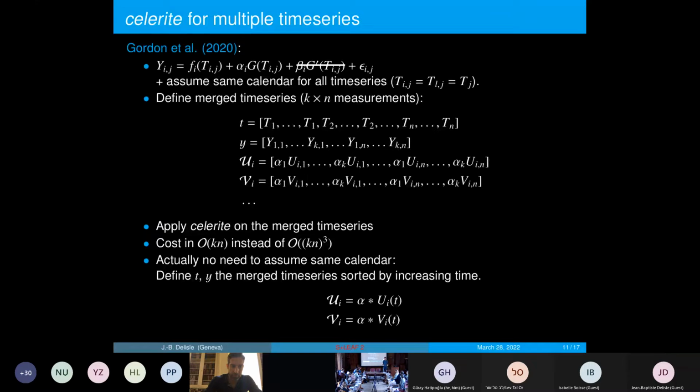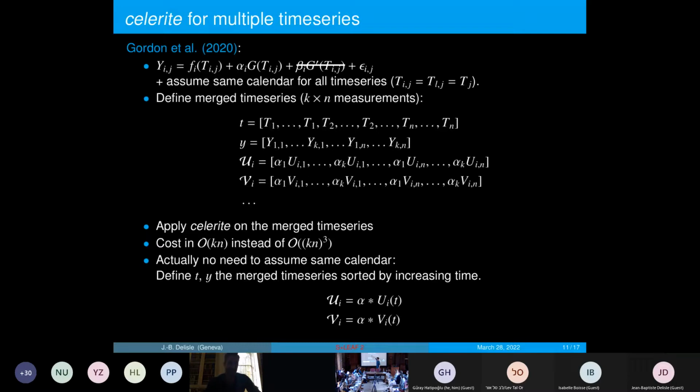In order to be able to apply Celerite, the trick is simply to merge all the different time series, so the radial velocities and the indicators, into the same vector, and you sort them by increasing time.